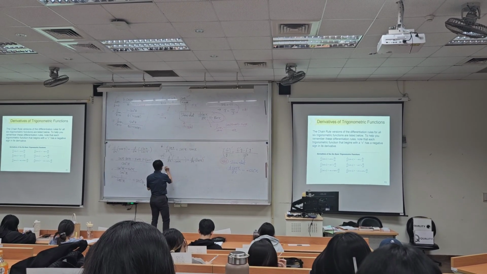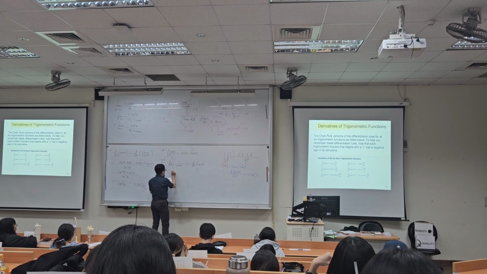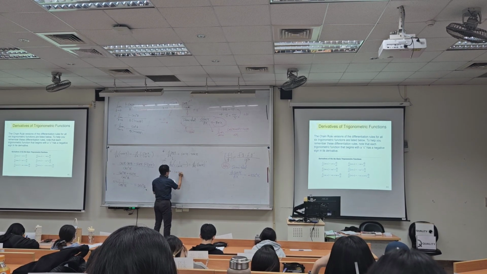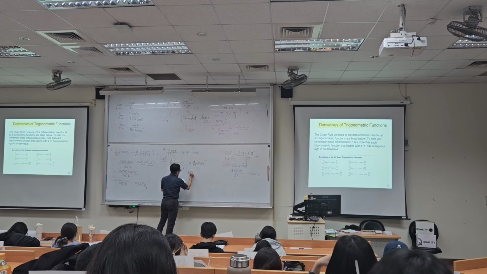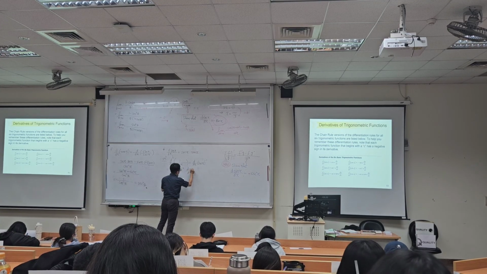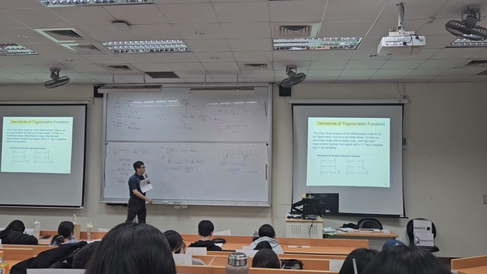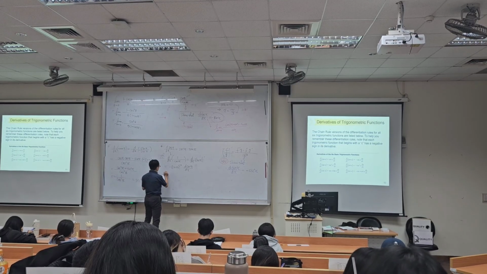So it will equal minus the derivative of cosine x over cosine square x.